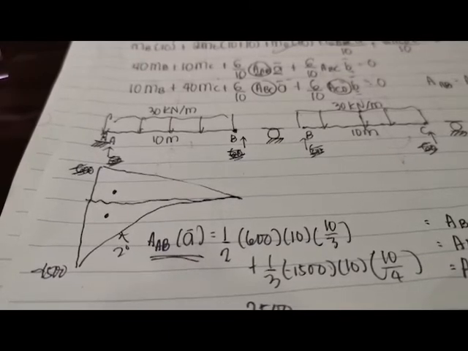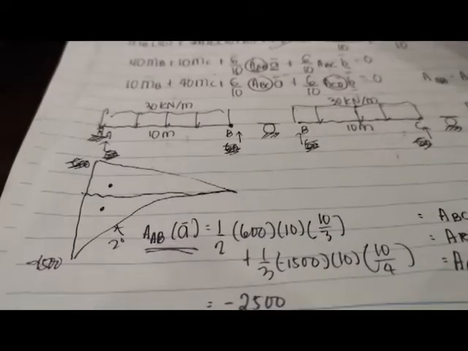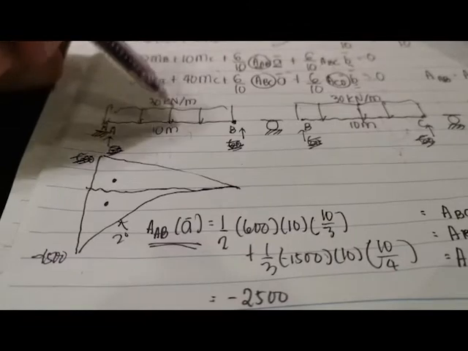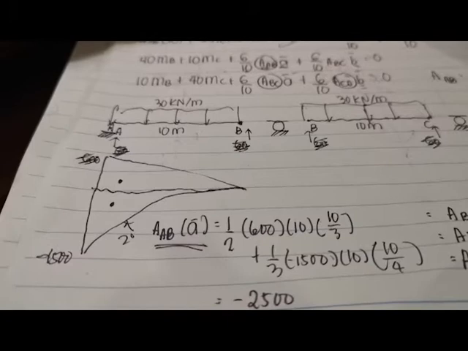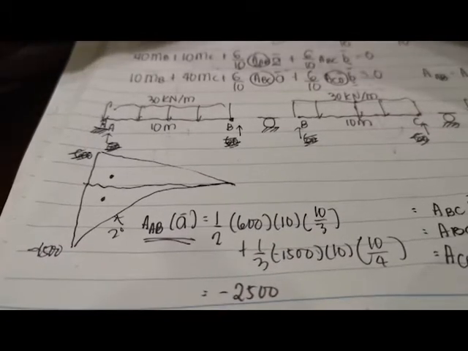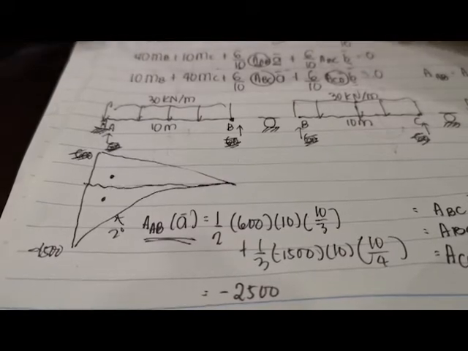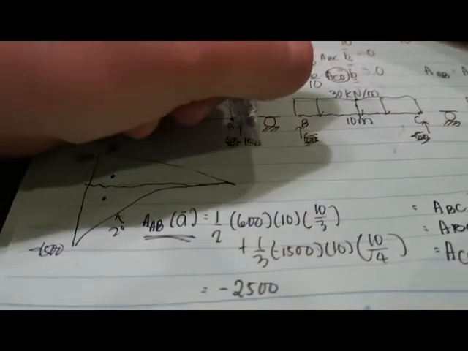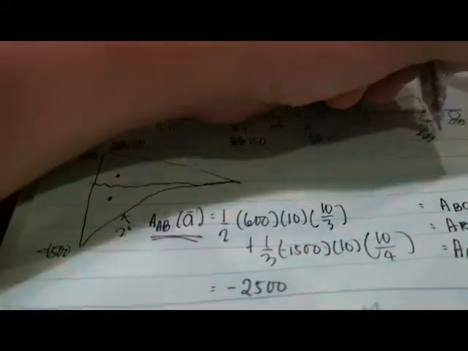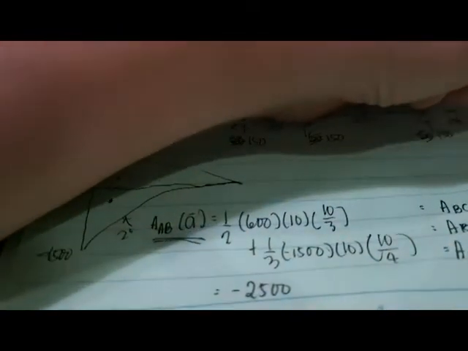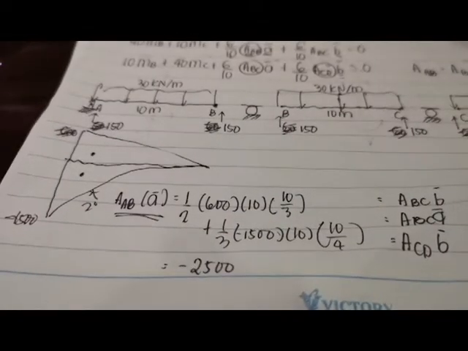Taking the summation of moments at A: 30 times 10 times 5 minus x times 10 is equal to 0. So this is equal to 150. Each reaction is 150 kilonewtons.